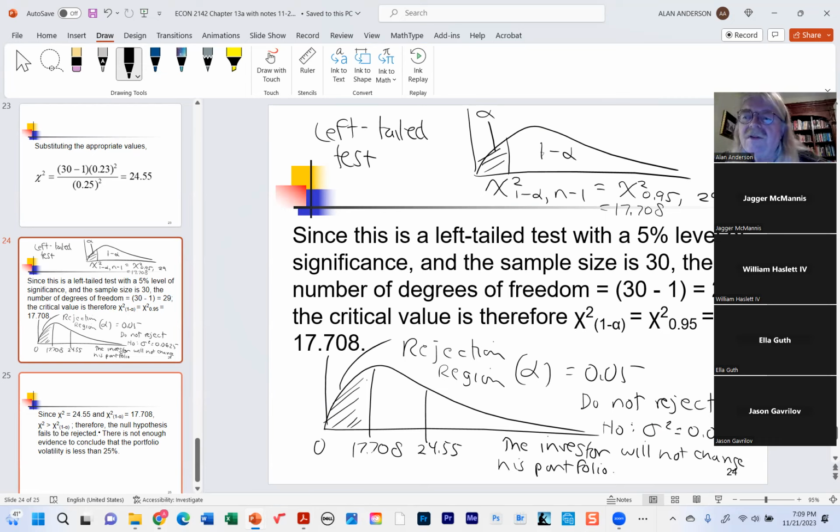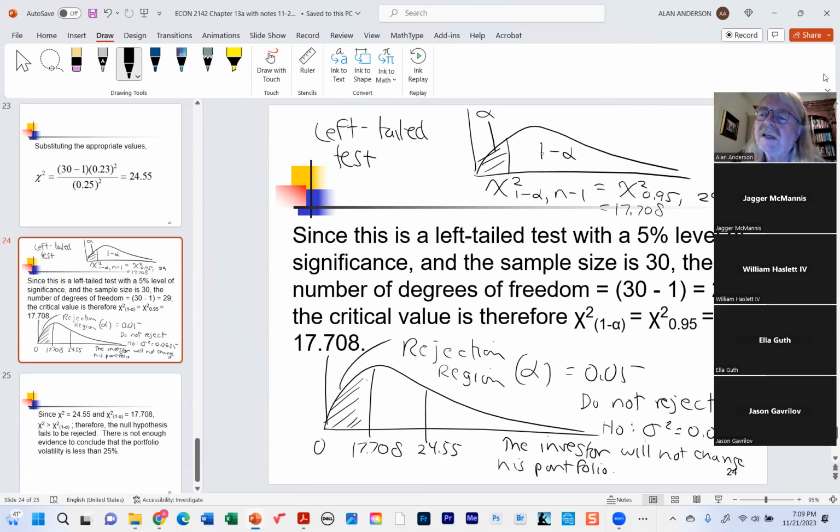All right, so this is how we test hypotheses about a population variance.